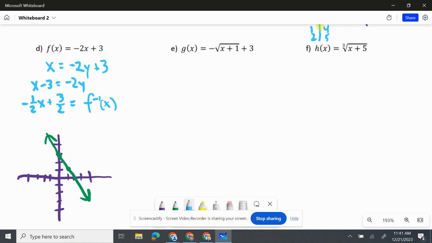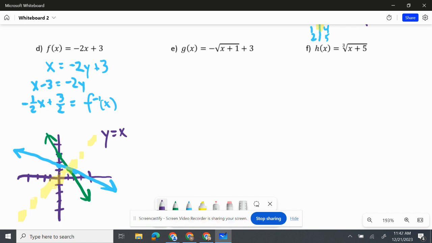So my y-intercept is 1.5. That's what 3/2 is. And I go down 1 over 2. And then I'm going to draw the line. And I see that it is symmetric along the line y equals x.